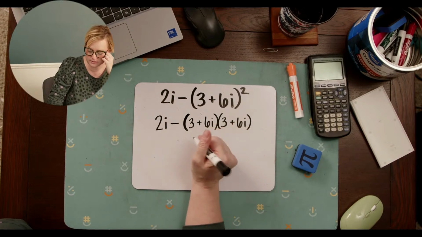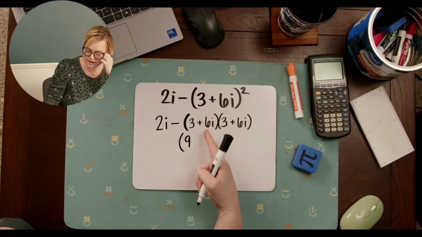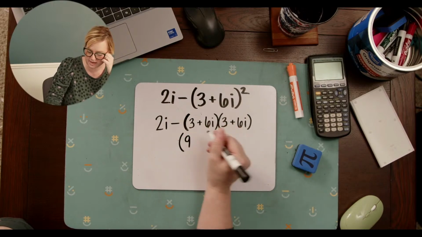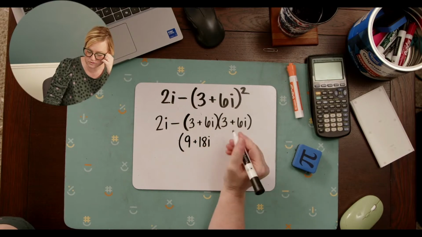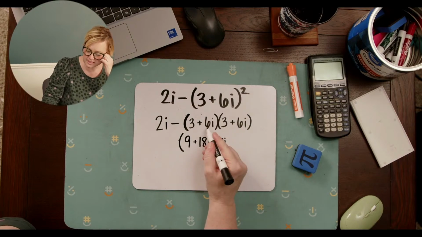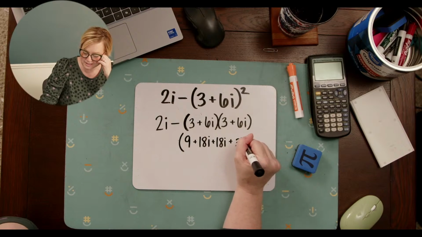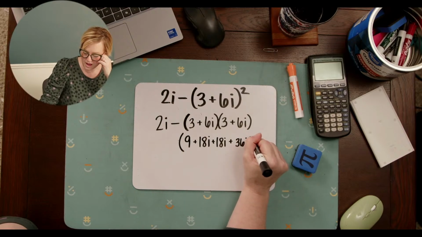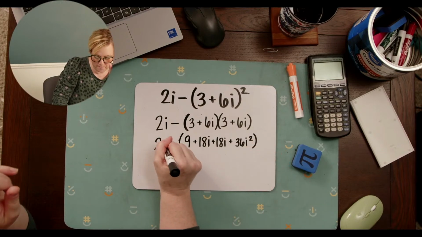So 3 times 3 is 9. 3 times 6i is 18i. 6 times 3i is 18i. And then 6i times 6i gives me 36i squared.